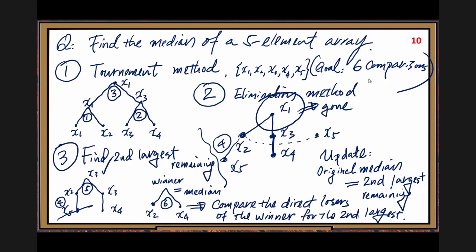That is the right way to do it. After these 3 steps, we find the median of 5 elements, with a total of 6 comparisons.